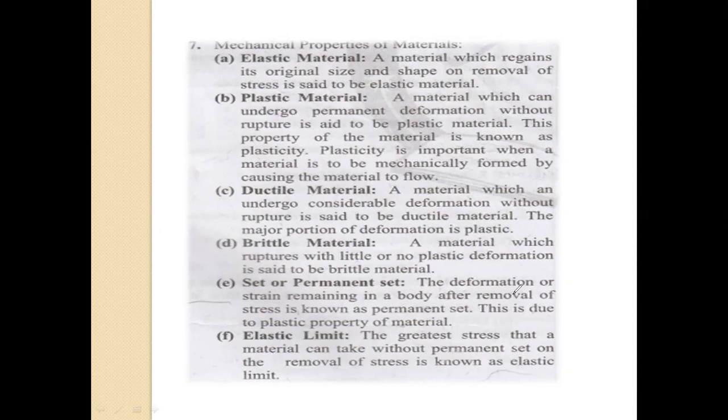Then the next property is brittle material. A material which ruptures with little or no plastic deformation. In brittle material there is hardly any deformation. Brittle material fails suddenly without giving any indication or warning. Examples of brittle materials are concrete, glass, and brick.